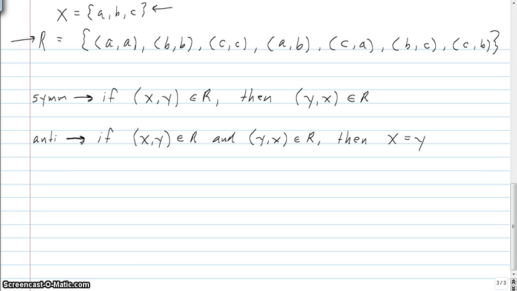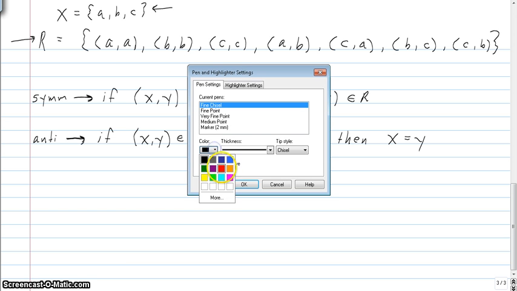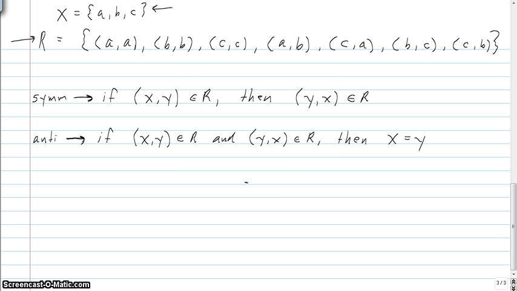But before I do that, let's think about, does this relation qualify as symmetric or antisymmetric? So for symmetric, if we have xy, then we also have to be able to find yx. Well, we don't have to look too far to see that that's going to be an issue, because if I go to the element AB, if this is symmetric, then I also have to find BA, but I don't see that.